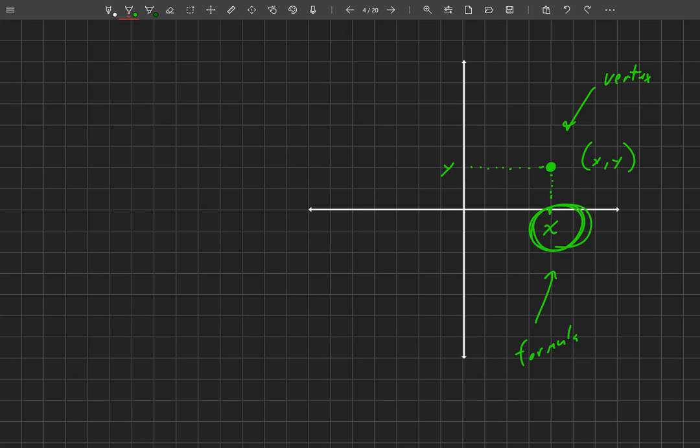So let's actually go through this. Step 1, use the vertex formula. I know I haven't even shown you the vertex formula yet, but I think it's a good idea to get our minds wrapped around what we're going to do first, before all the numbers start flying everywhere. So use the vertex formula to find x, the x coordinate.